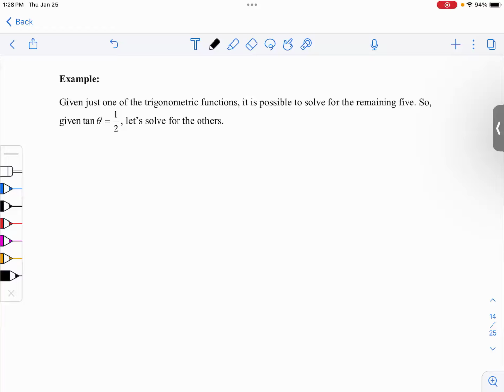So tangent of theta. Let's always do the easy one first. Cotangent of theta, its reciprocal function, is 2. Exactly.